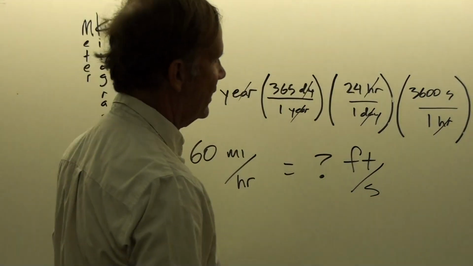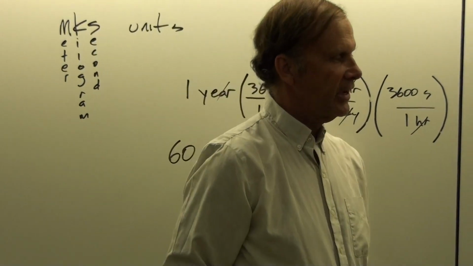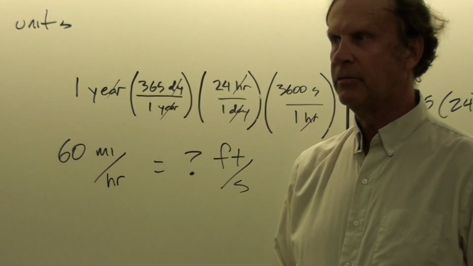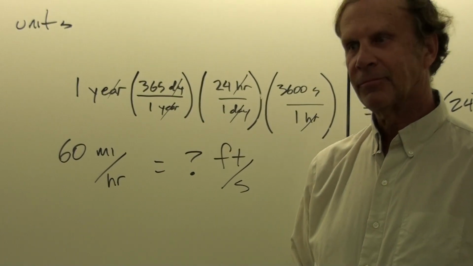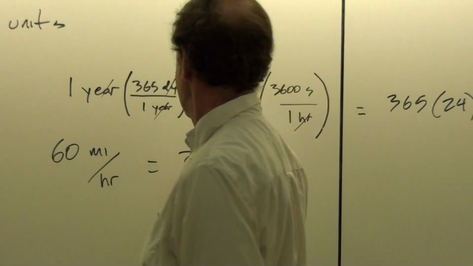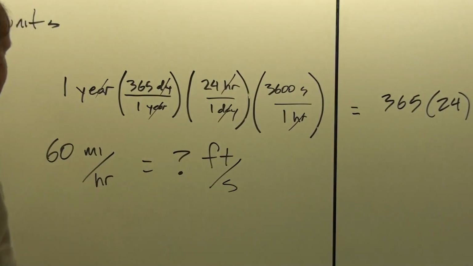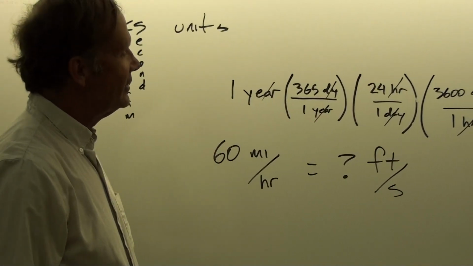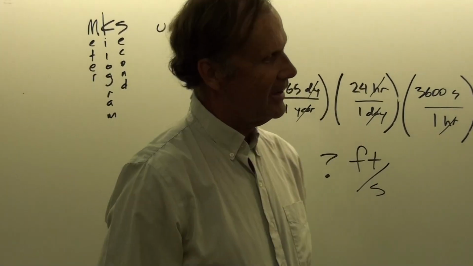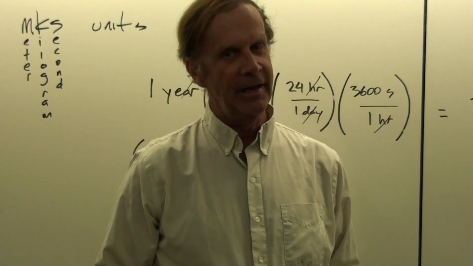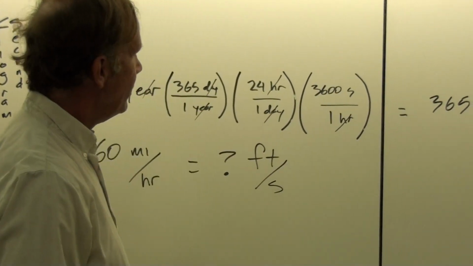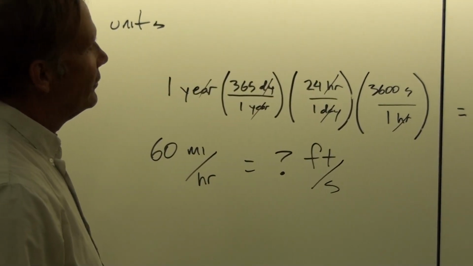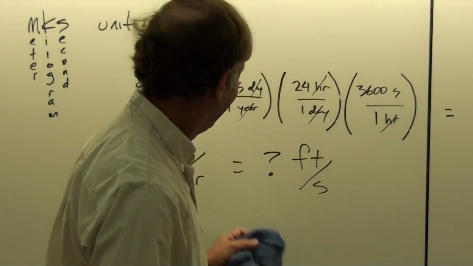Oftentimes, feet per second might be the unit of speed for, say, a BB gun, an airsoft weapon. And I used to play airsoft with my son, and he'd go, I just got a new airsoft gun, Dad, and it is 500 FPS. I go, oh, great. How many miles per hour is it? And so I had to figure that out before I realized that I didn't want to play with it.